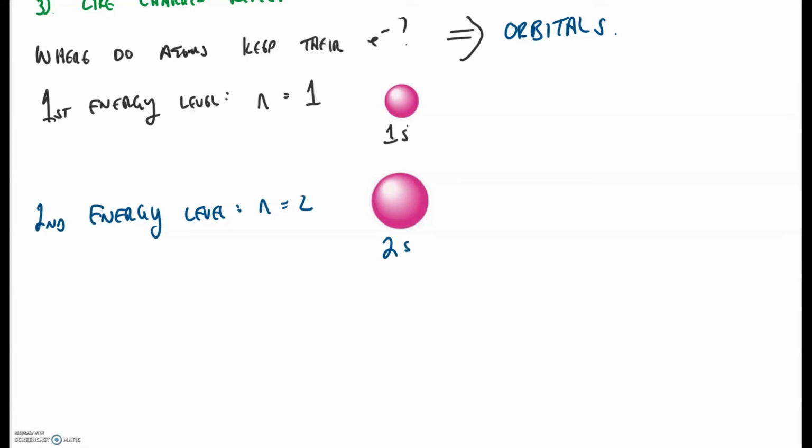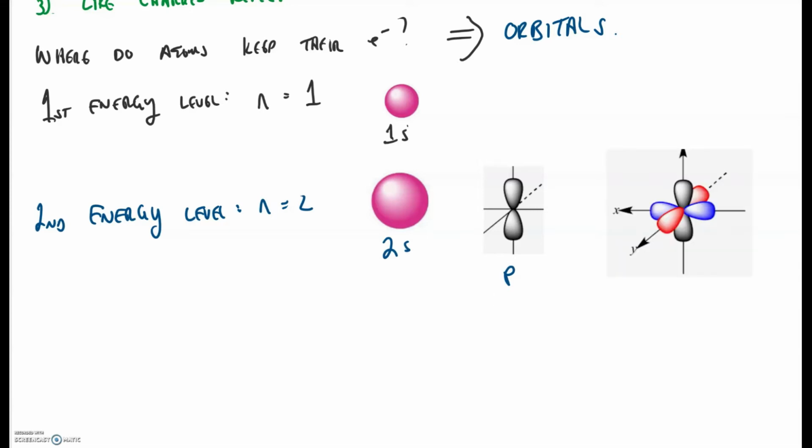Also at the second energy level, we have a new type of orbital available, and that looks like this. It's the peanut-shaped orbital, or we'll abbreviate it to p, and there's actually 3 of them because there's 3 different ways to point this. They are shaped like this so that they can all occupy the same space but don't interfere with each other.